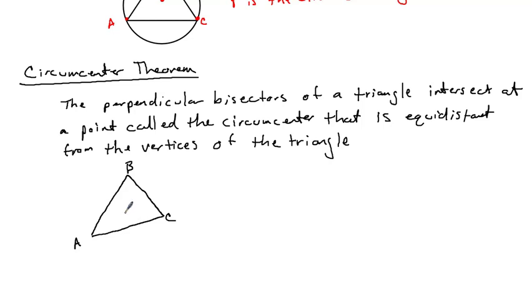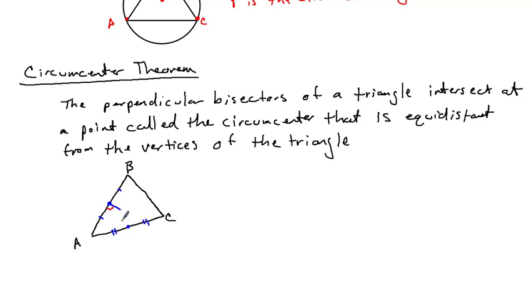But before we do that, it says that the perpendicular bisectors of a triangle intersect at a point called the circumcenter. So the perpendicular bisectors means of each side. So I'm going to come here and find the midpoint. And so that's going to be one perpendicular bisector. It's going to start from there, and it's going to go this way. I'm not sure how far, but I'm going to go ahead and mark that it's perpendicular. And then I'm going to have another perpendicular bisector on side AC, so I'm going to go halfway to my midpoint.